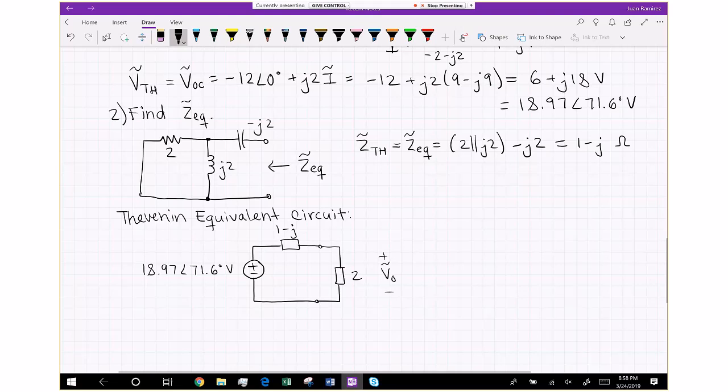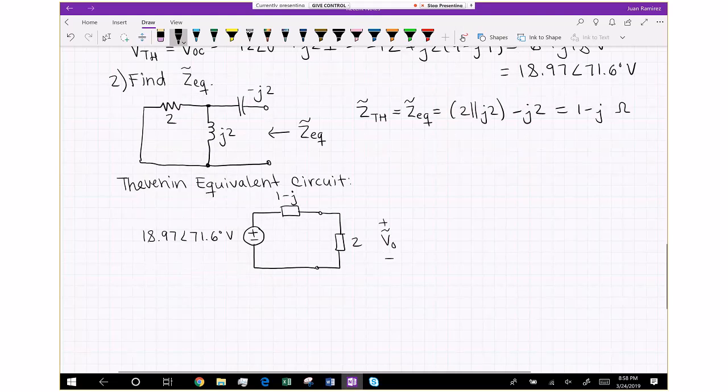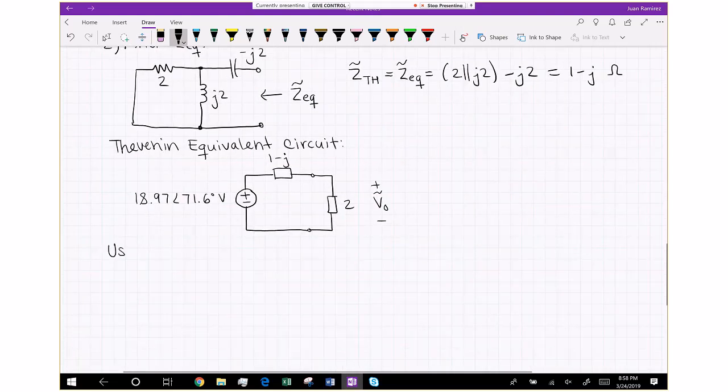Now we actually have to find V out, but at this point V out is pretty easy to find using voltage division. Using voltage division, V out is equal to that source voltage across both of the series impedances.